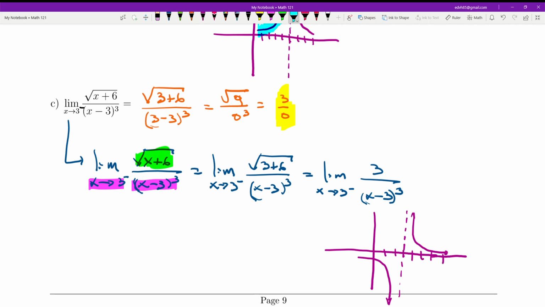And again, notice how we want to approach 3 from the left. Where is this going? This time it's going to negative infinity. Final answer. And this is where we finish this first section. So I will see you in the following section.